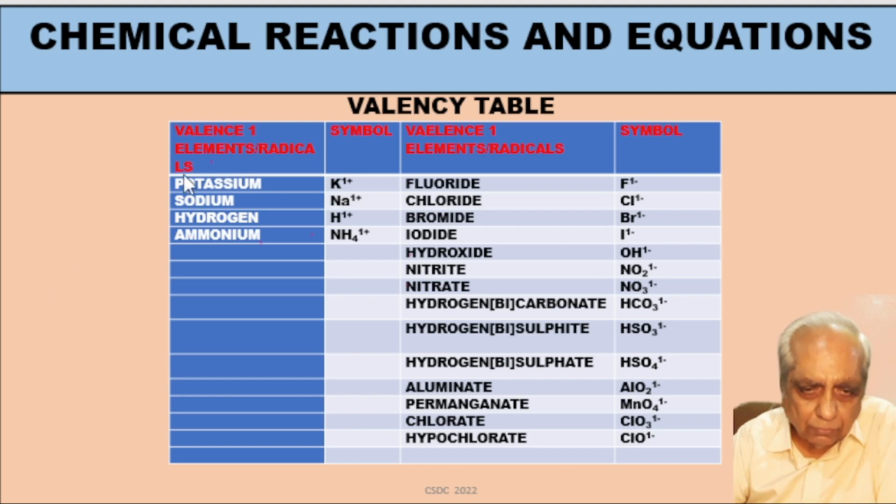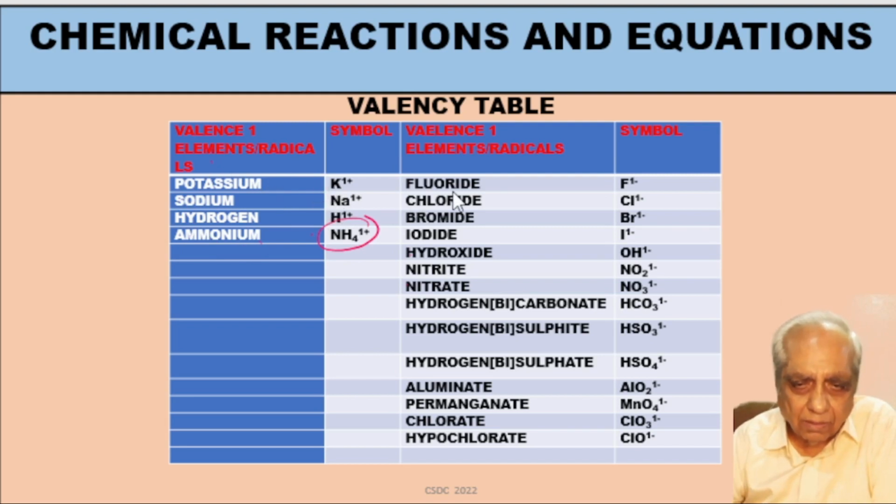So potassium and sodium are metals which want to lose 1. Hydrogen also has valency plus 1, and ammonium is called a radical because it is made up of nitrogen and hydrogen.